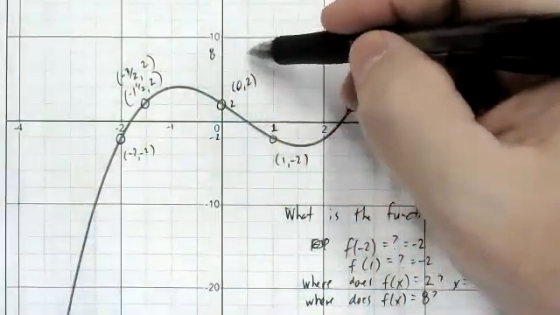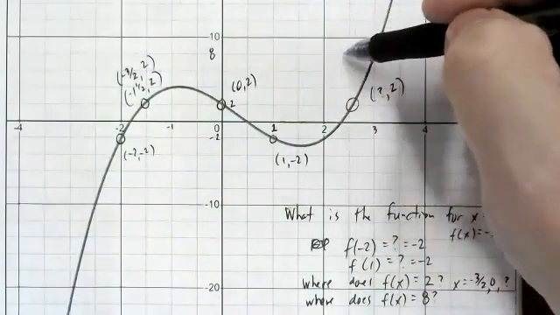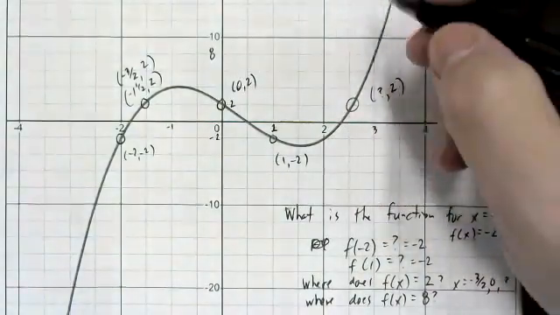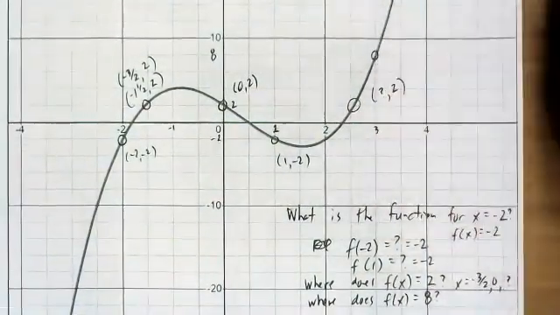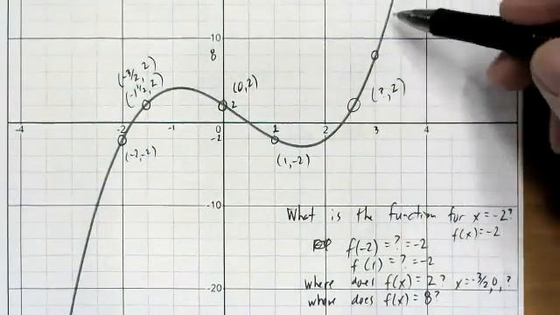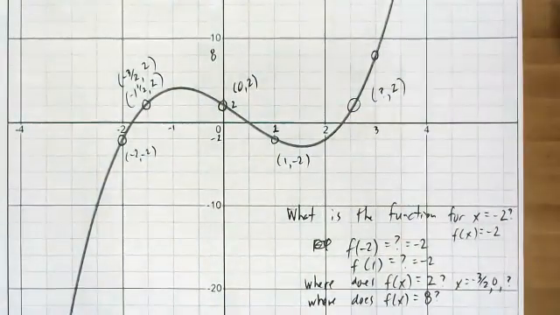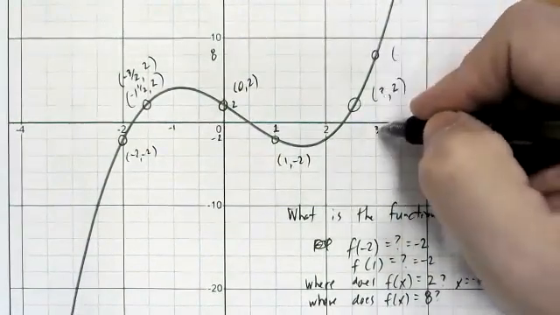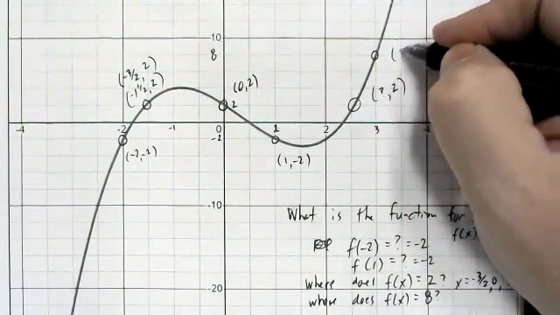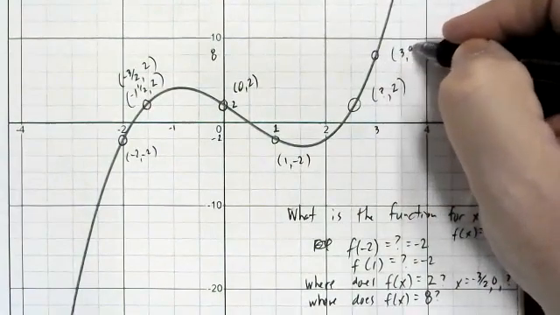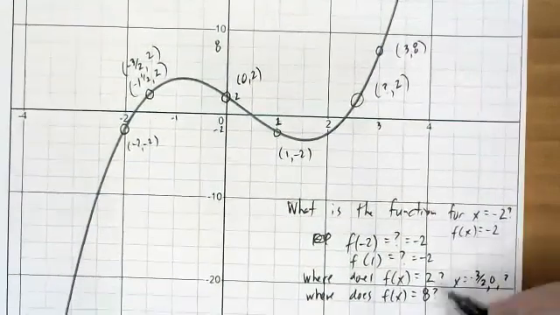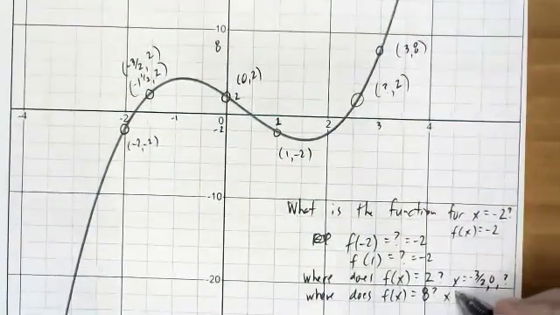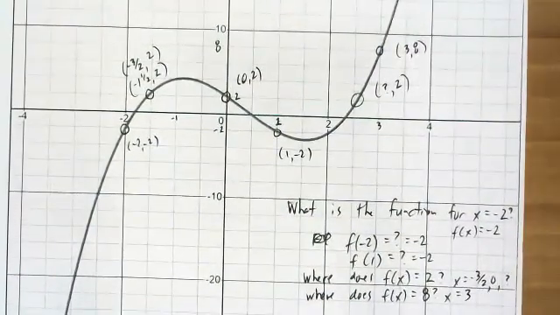So I'm looking at this horizontal line, and here's going to be a point on my graph where the function equals 8. That point there looks like x is 3 and the function is 8. So the answer to this, x equals 3.